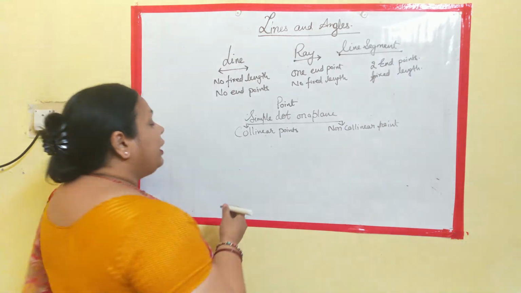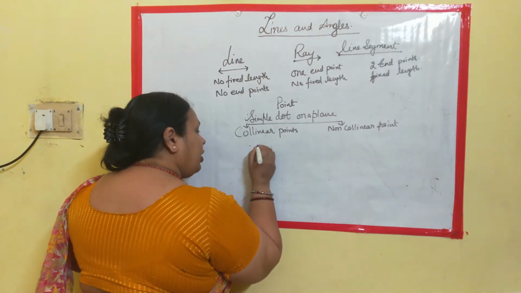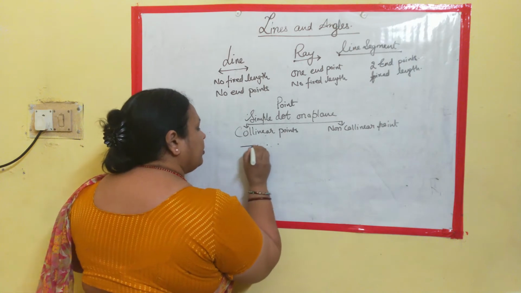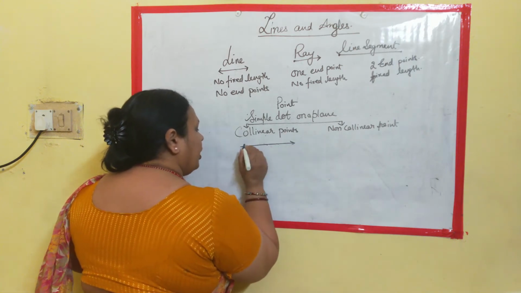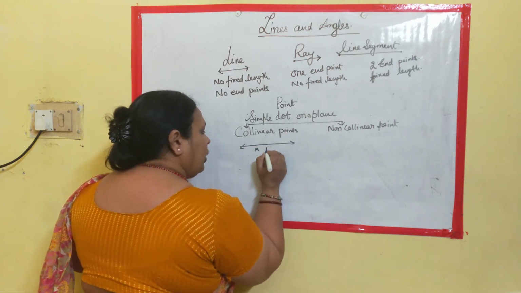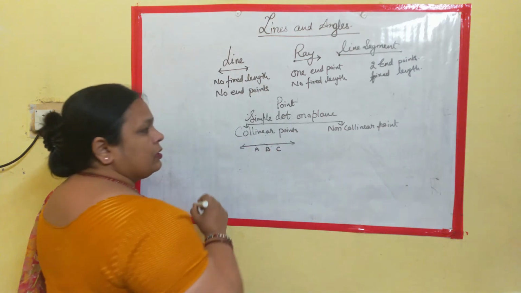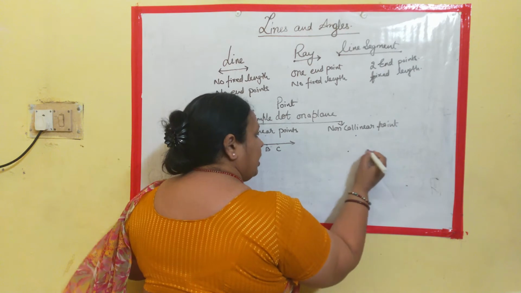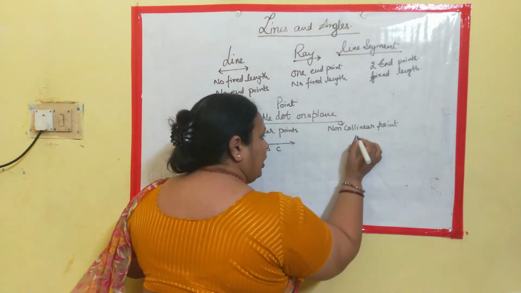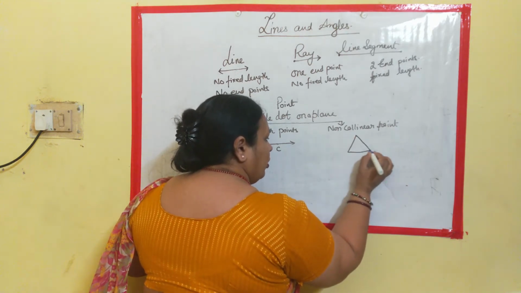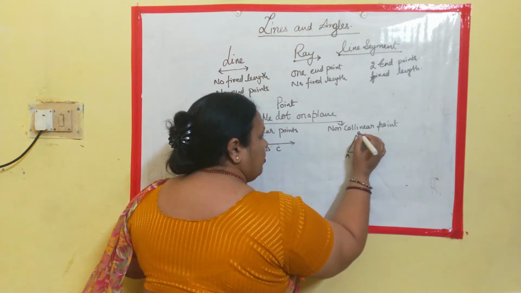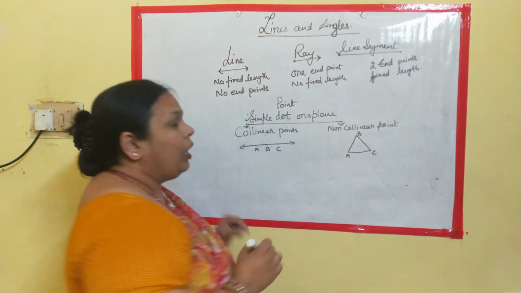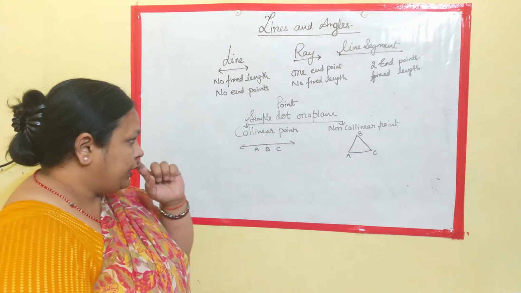Clear? That means points which lie on the same line are collinear points. Clear? Non-collinear points are those which, on joining, do not come on the same line.